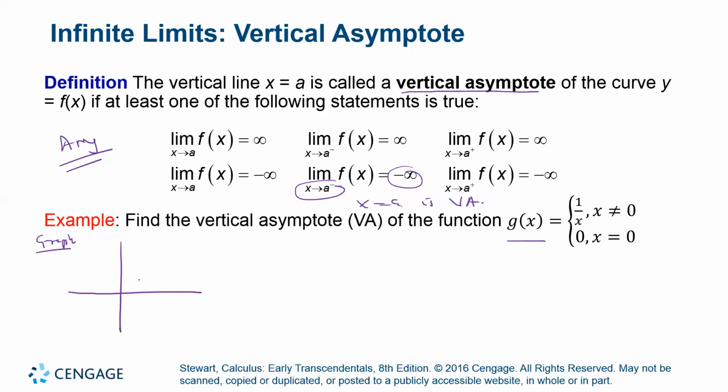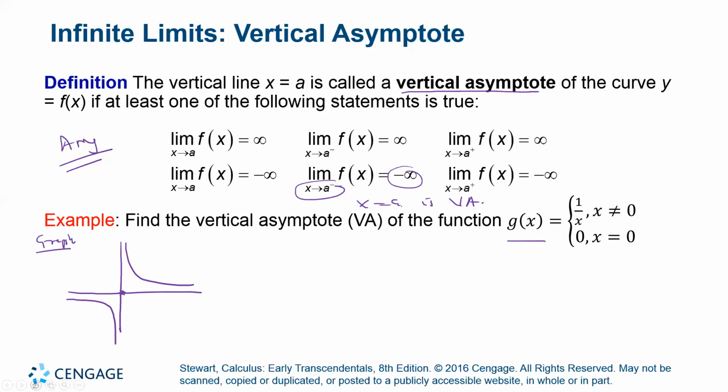When it approaches 0, it's not equal to 0. Okay, we have this, right? And it said it is 0 when x is equal to 0. So we have this point here. You have the origin.